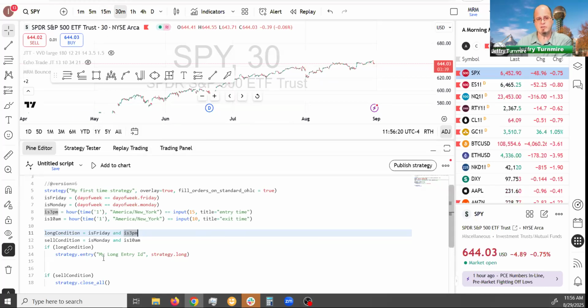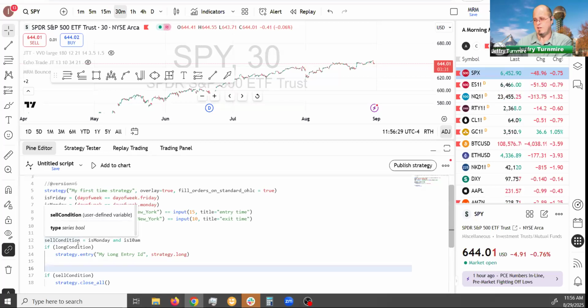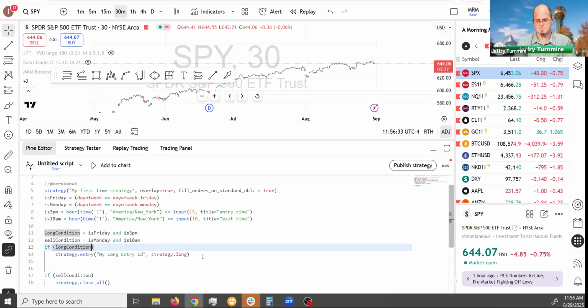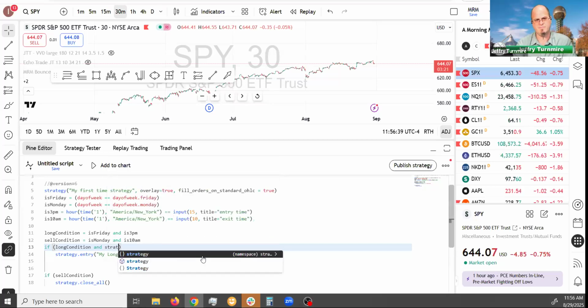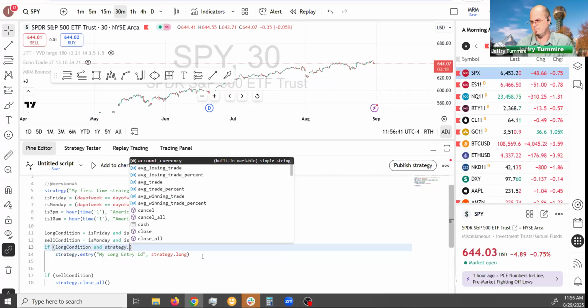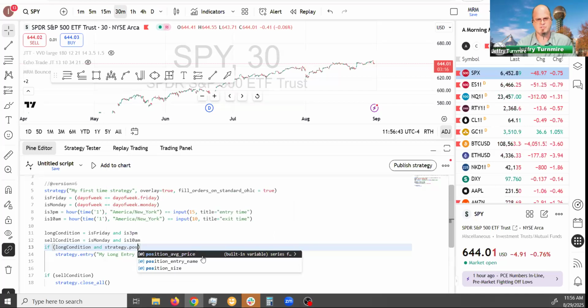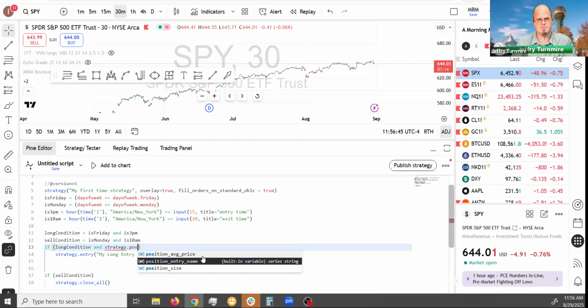It may fire multiple times. Now, the problem with it firing multiple times is that the condition would be right and every candle close would get you in again. So we're going to add something extra here: if long condition and strategy.position_size, if we're not already in a position.